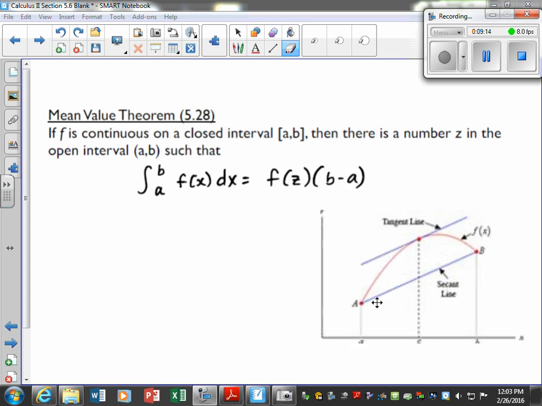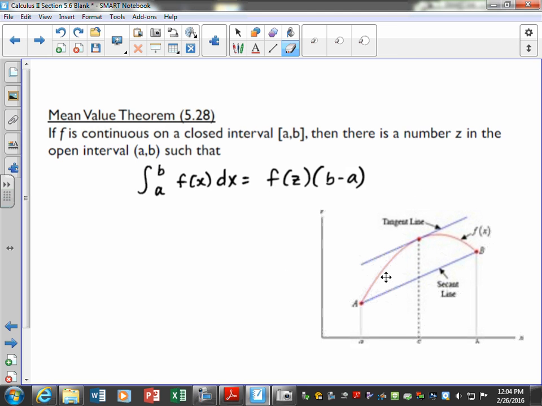We said that the mean value theorem says there's also some point C in which the secant line from A to B is equal to the tangent line at this point C, and we would find out what our C was, and we were given formulas. Similar idea here, but now we're going to use it for integration, and instead of a C we're looking for Z, just so you don't confuse the two.